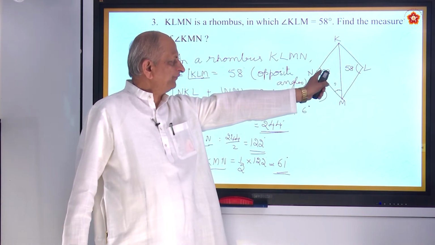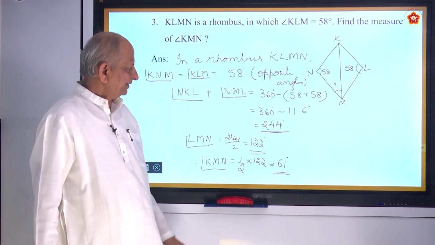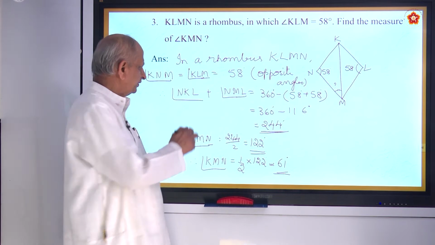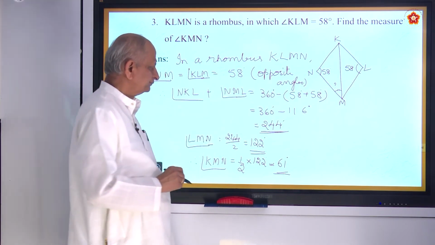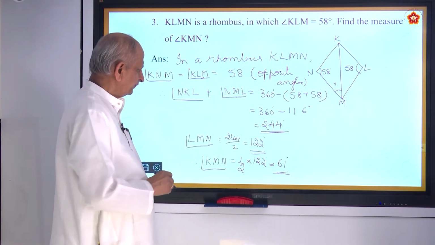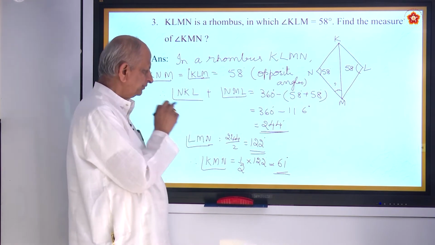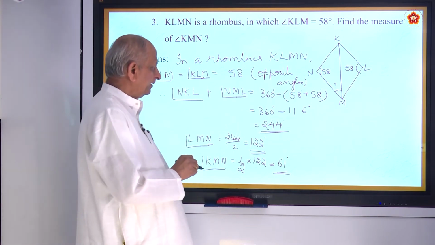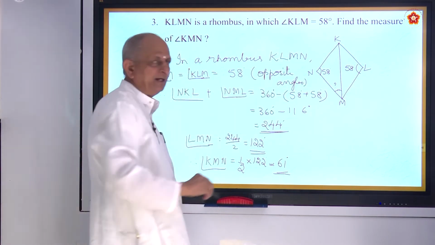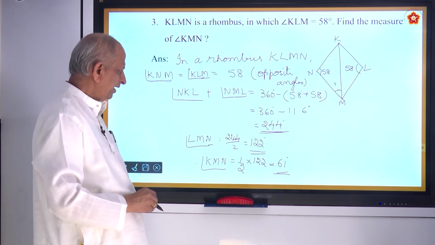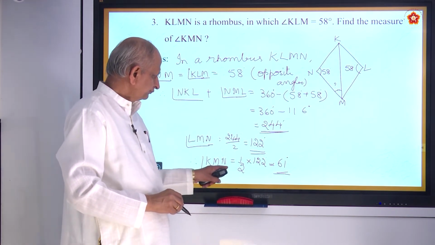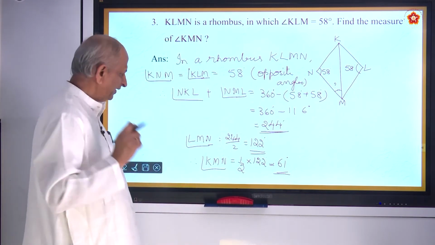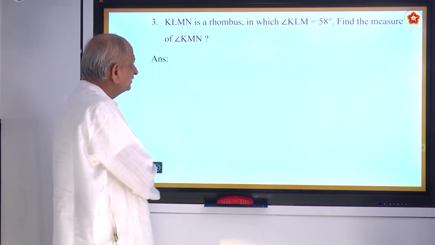This also becomes 58, opposite angles. And then angle K plus angle M, this is K, this is M, will be 244. So angle M becomes 244 by 2, 122. Now KMN becomes, as the diagonal bisects the angle, half of 122, that is 61 degrees. Okay, taken down. Very happy.